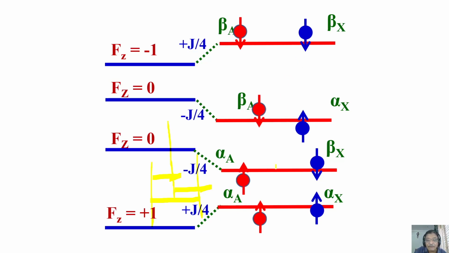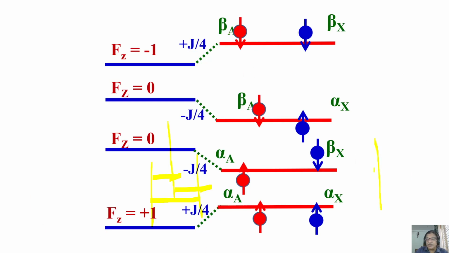What about this one? Another one that is also allowed. Now this has come down by j by 4, this has gone up by j by 4. Now the difference is same, but now it is a lower frequency. Again, now what I am going to do is take this example. For X was like this earlier.